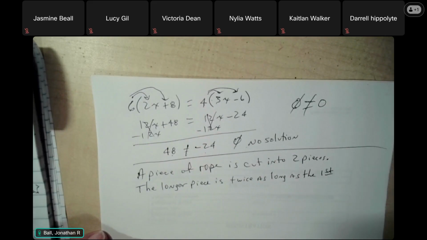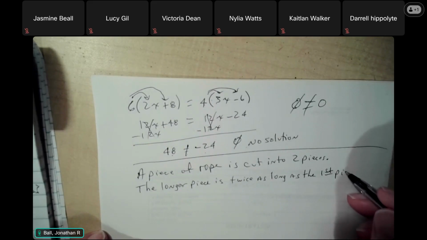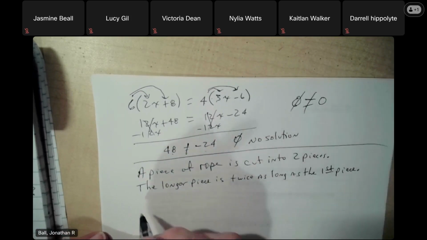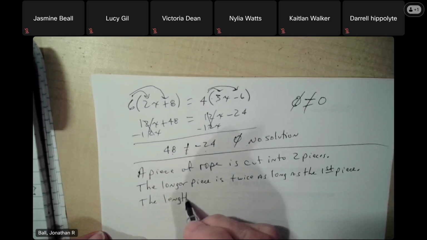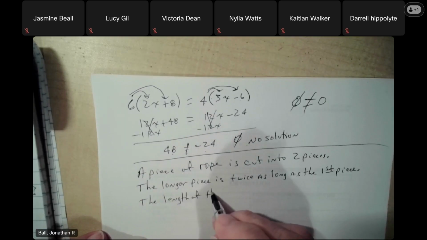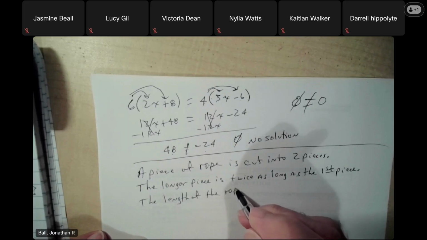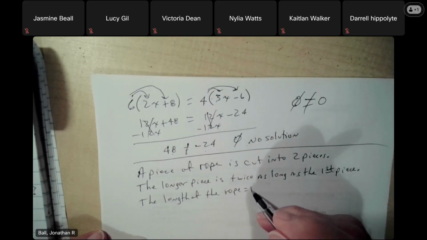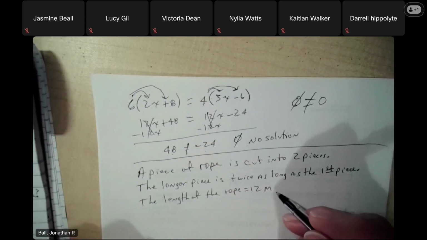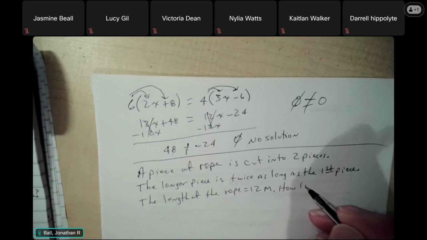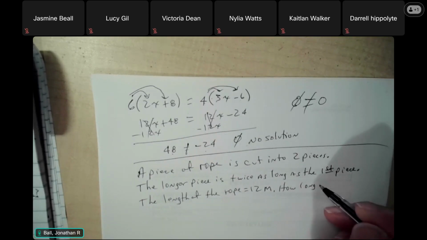The longer piece is twice as long as the first piece. The length of the rope is 12 meters. How long is each piece? EACH.